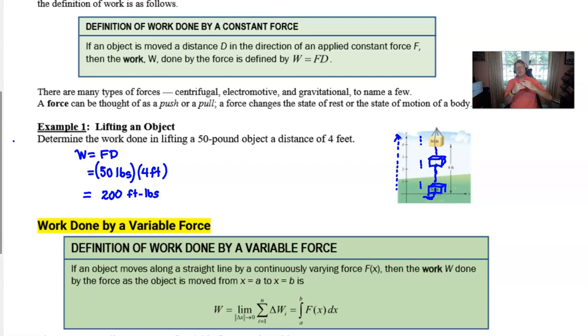And so whenever we have that variable amount of force, we need calculus, because all of those incremental work answers are going to be different throughout the process. And we're going to, of course, add them all up. And of course, we want the sections of that work to be infinitesimally small, right?